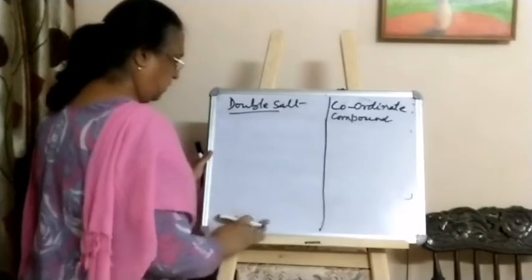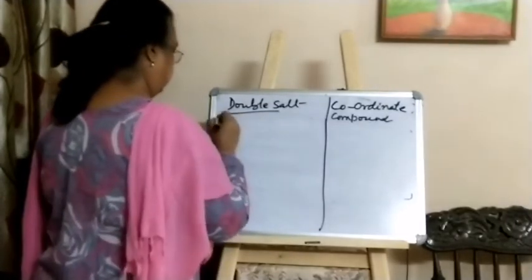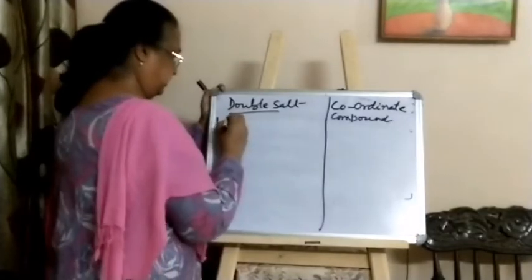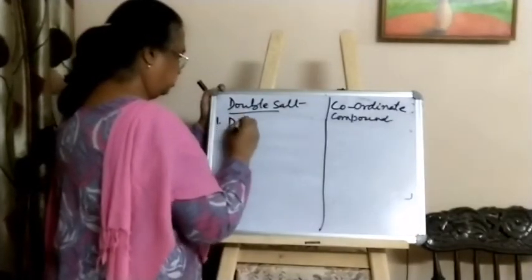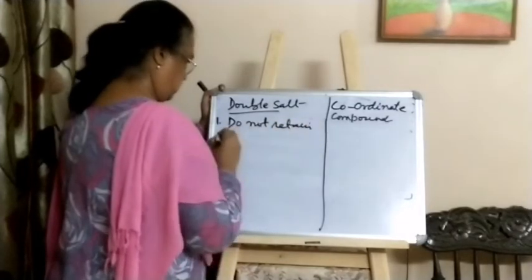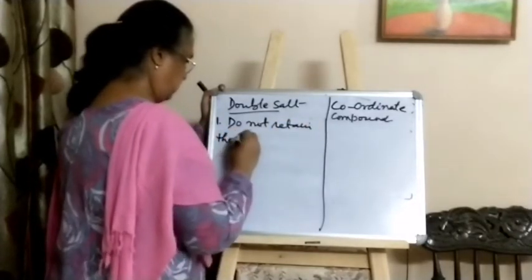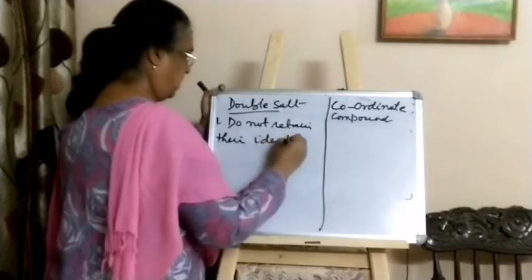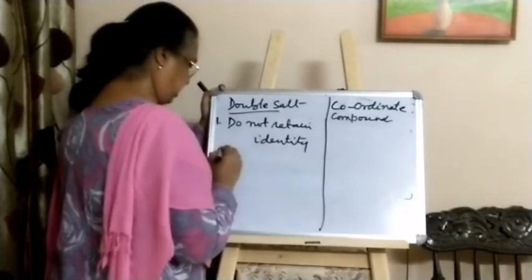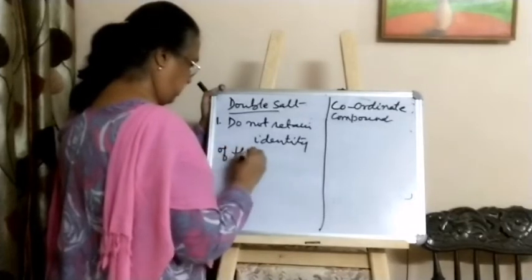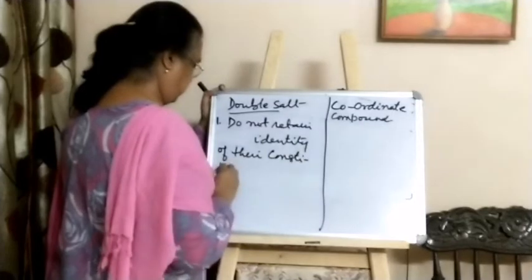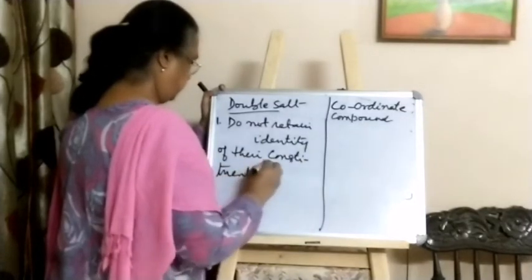So double salt, the first point you should know, these salts do not retain the identity of their constituent particles.